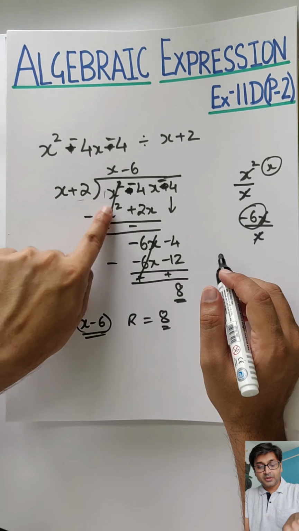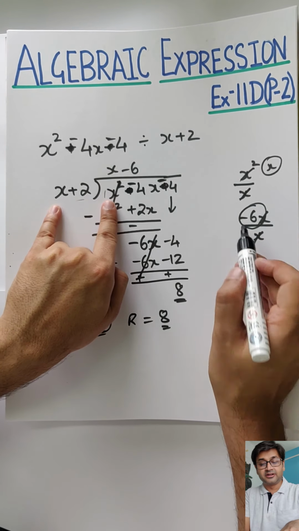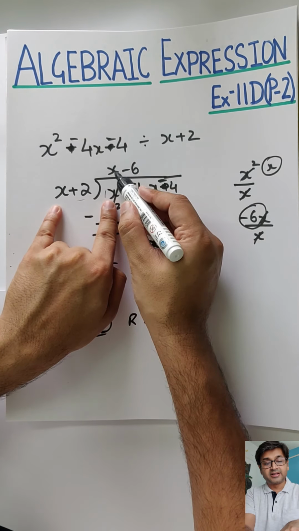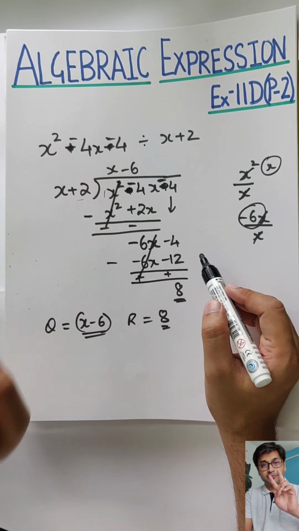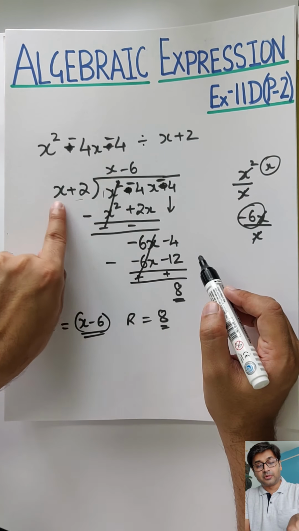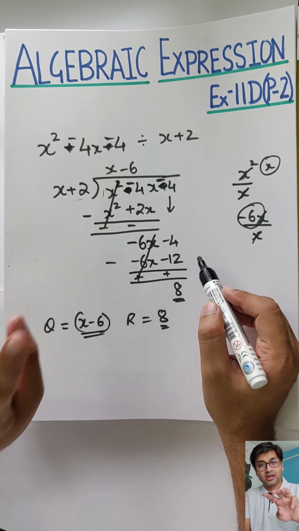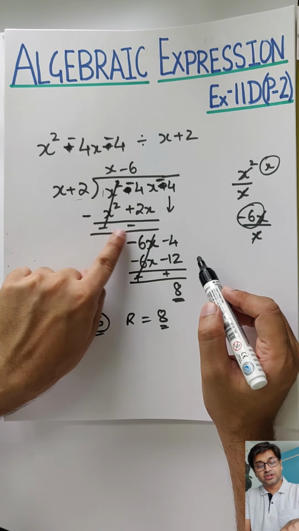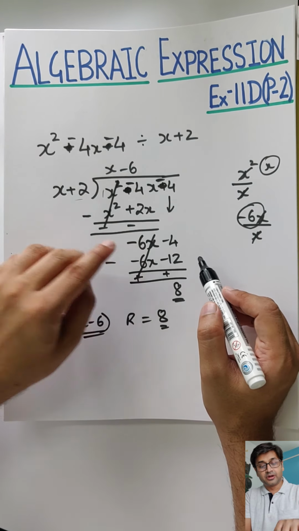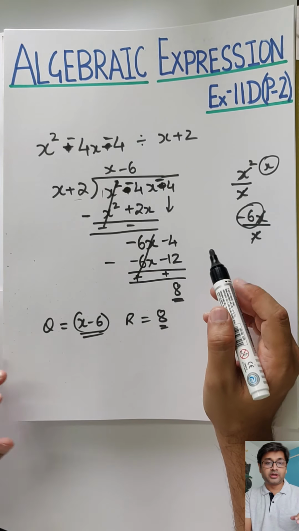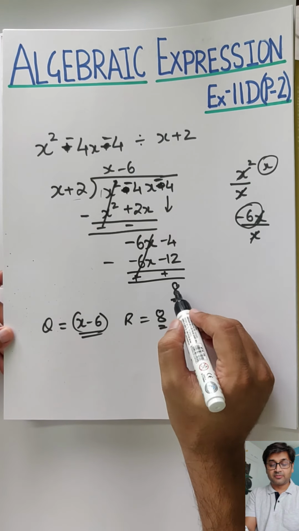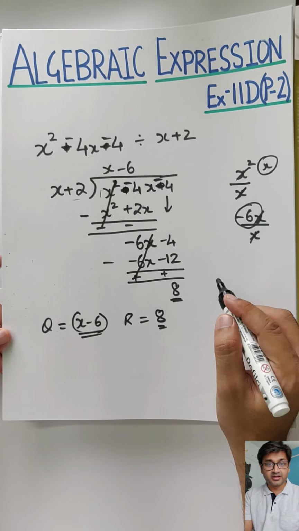So step 1, take this and divide the two. Whatever you get, write as the quotient. Step 2, whatever you have written as quotient, multiply it with both and write it here. Step 3, minus, so change both the signs and bring it down. Same steps you have to keep on continuing until you get something which cannot be taken further.